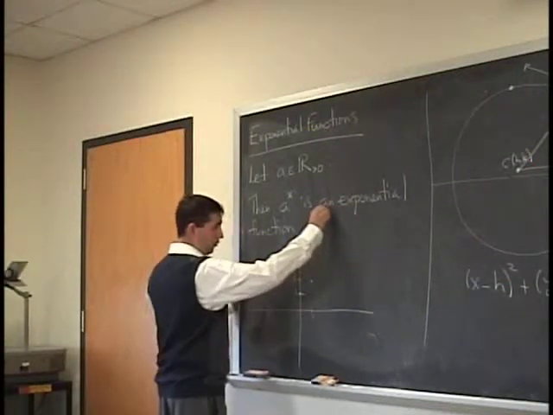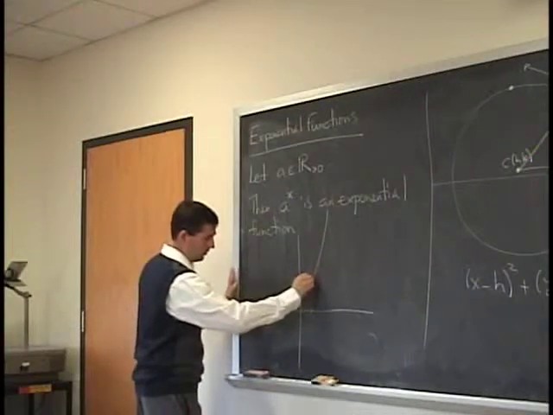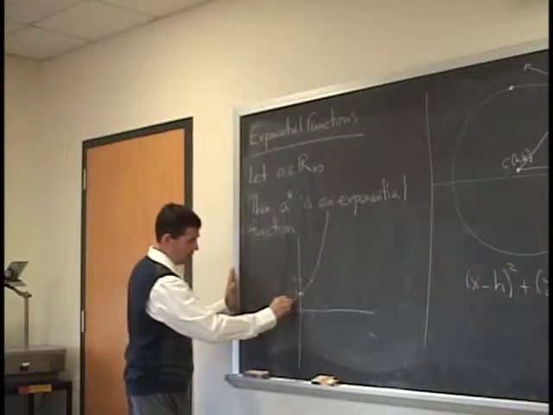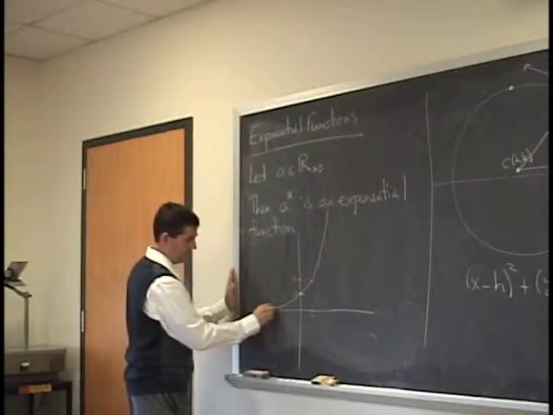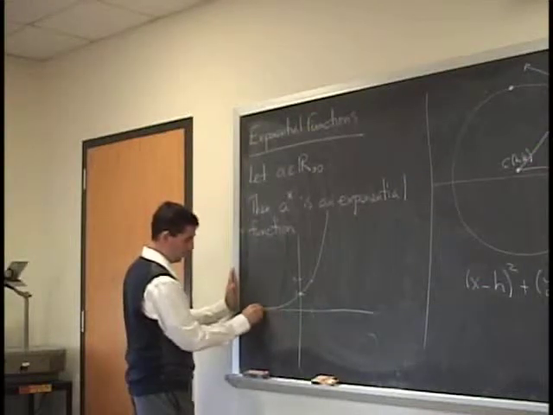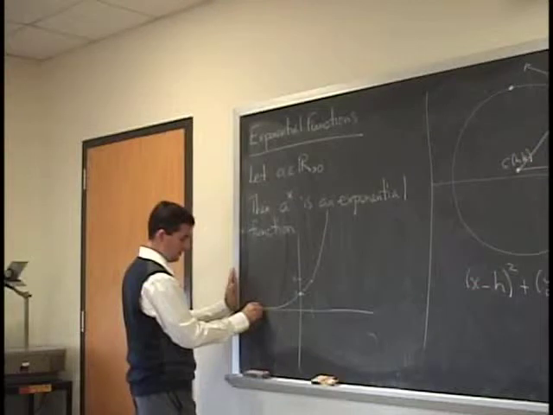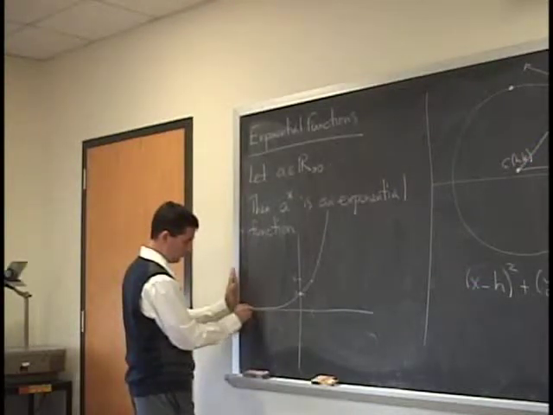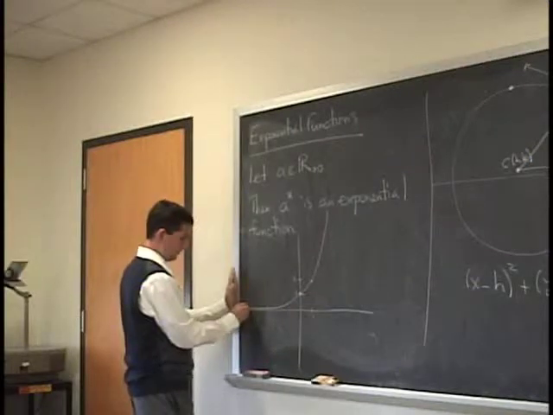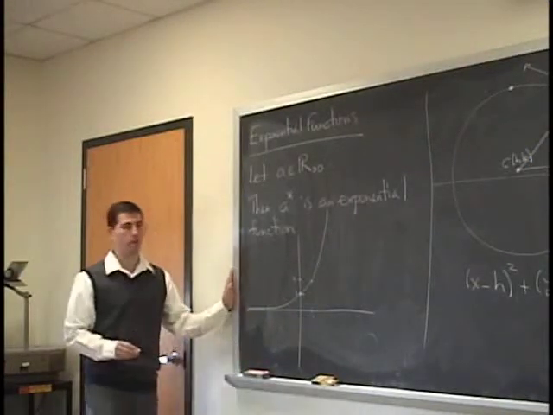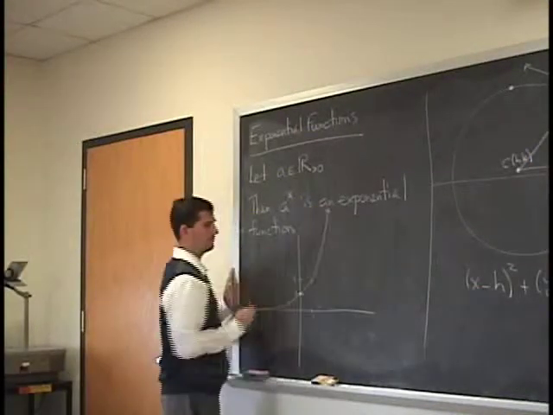And then it grows very quickly. As the x value gets smaller, this thing does get smaller, but it never quite hits 0.